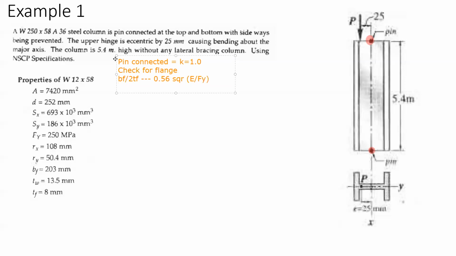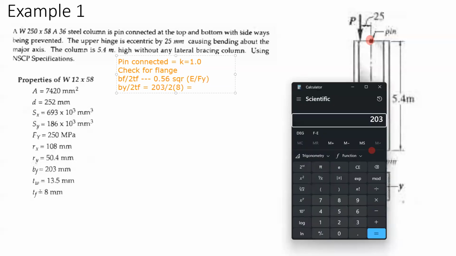So first, let's check BF over 2TF. BF natin, that would be 203. 2TF natin is 8, so 2 times 8. You have 12.6875.